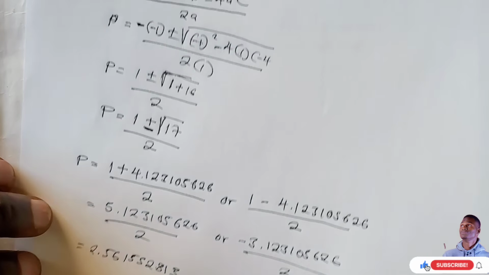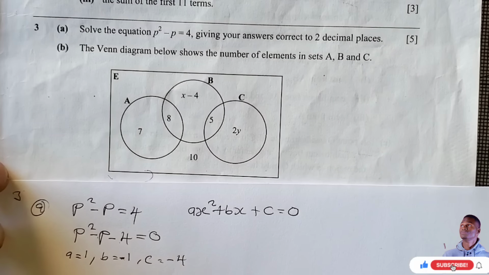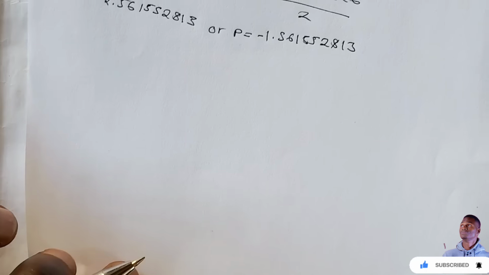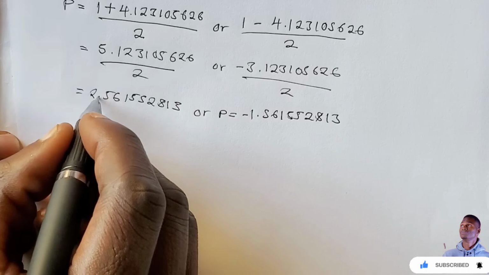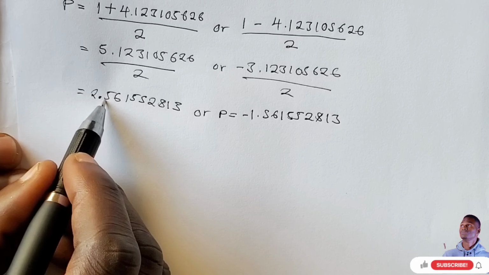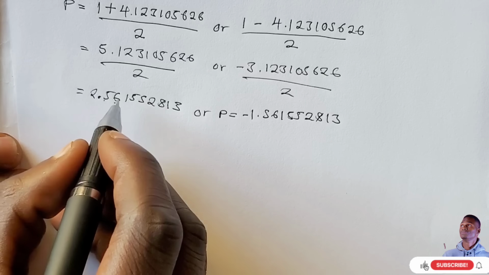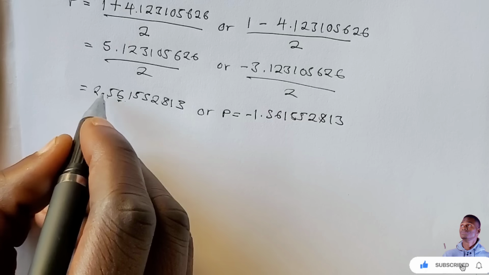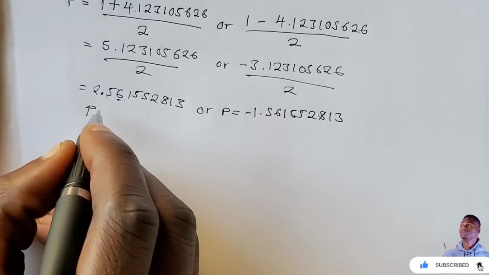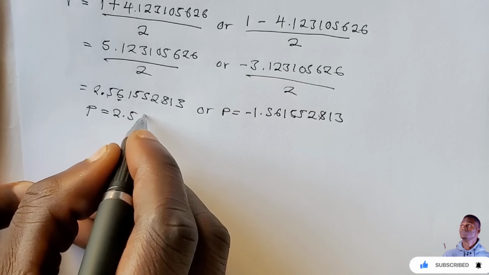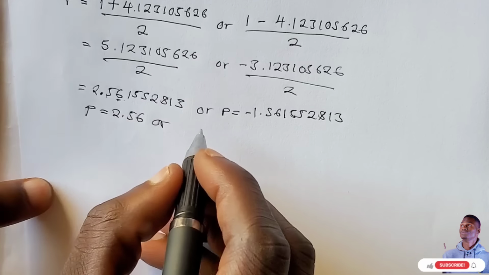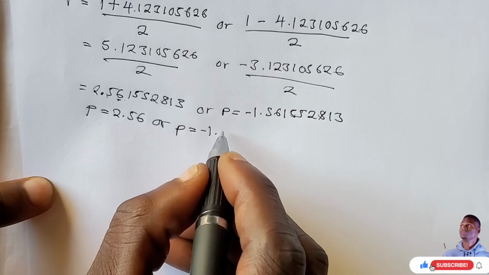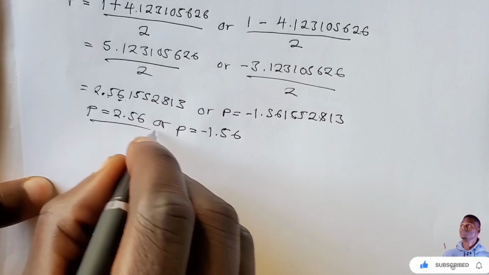Now we are told in the question to leave our answer correct to how many decimal places? 2 decimal places. So we have 1, 2. After this 6, there is a number which is less than 5, so you're not going to do anything to this 6. It will be p is equals to 2.56, or p is equals to negative 1.56, and this is the answer.